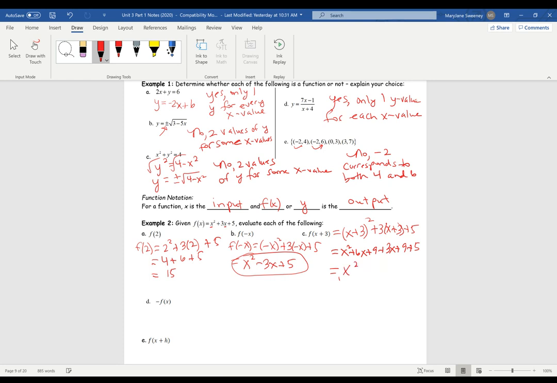So it's x squared plus 9x plus 18 plus 5, 23. Negative f of x just means to negate your f of x. This is my f of x, so I'm negating x squared plus 3x plus 5. So I'm getting negative x squared minus 3x minus 5.